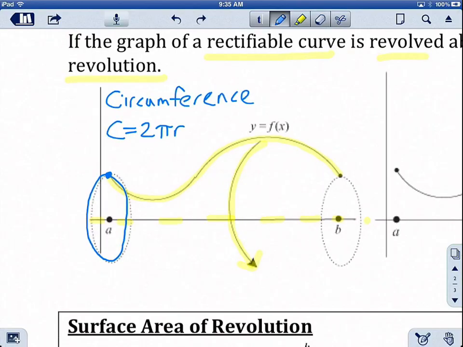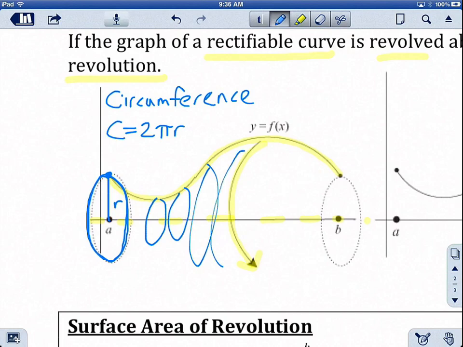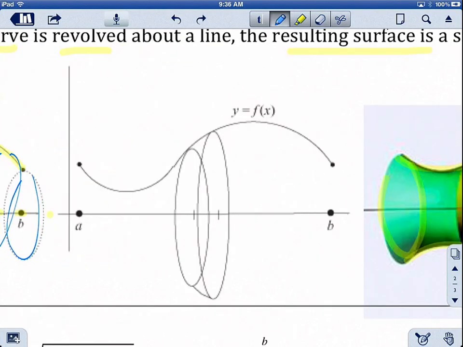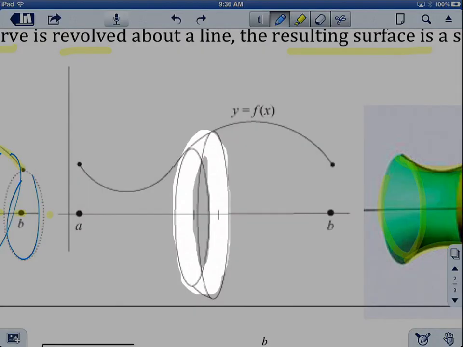So what we need to do here is find the radius here. And if we know that, then I know the length all the way around this circle. And if we were to add up all of these little rings, all of their lengths, we're going to get the actual surface area. So what we're going to do is take little bands or strips of this surface of revolution. And you can see the little strip right here.